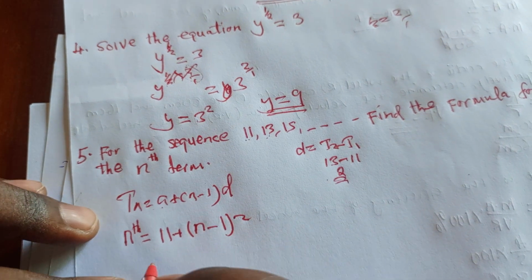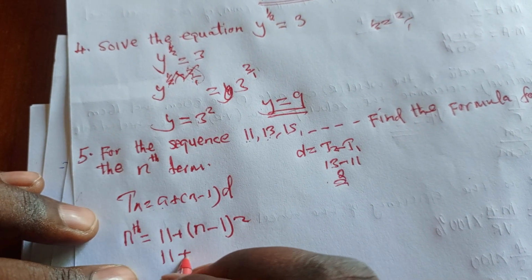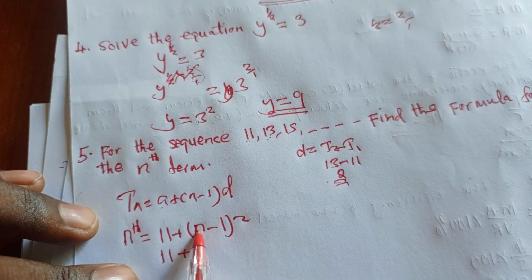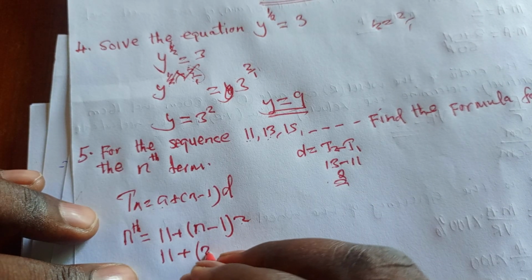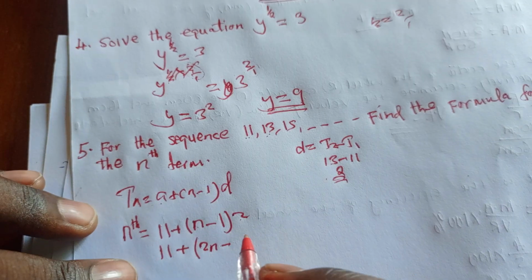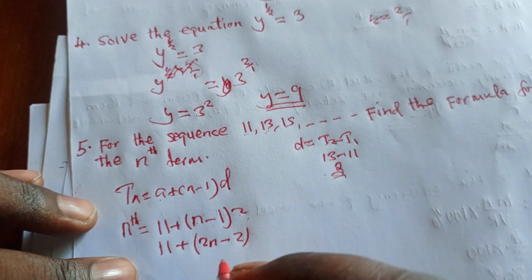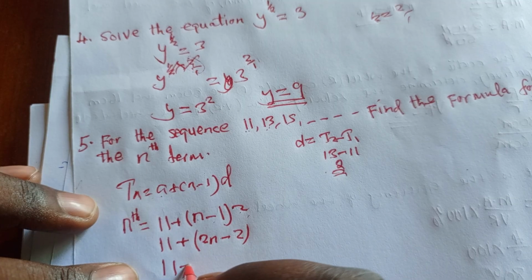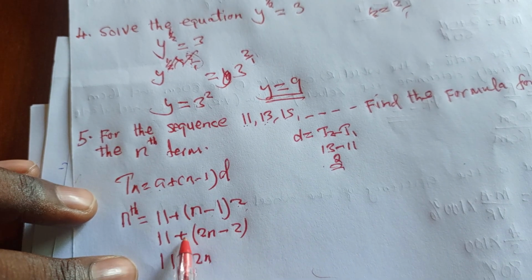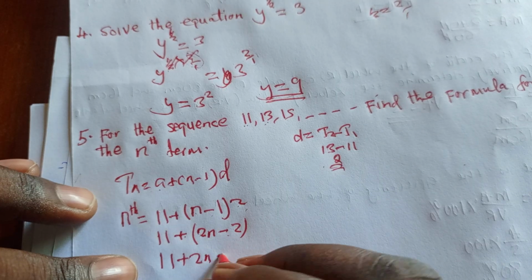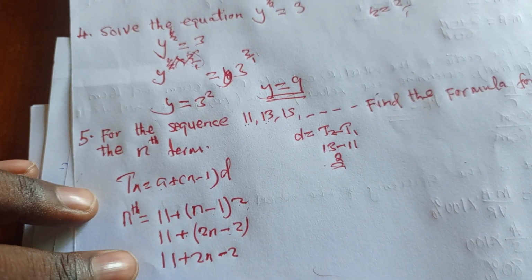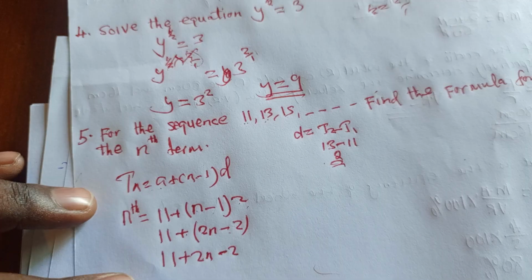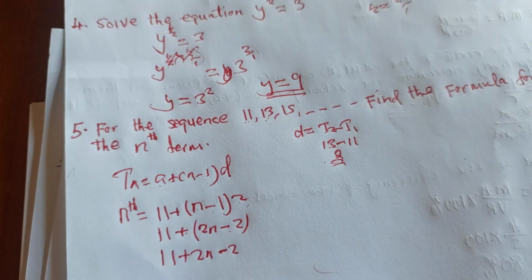Now I simplify. So 11 plus, n times 2 is 2n, minus 2 times 1, which is 2. Positive times positive gives positive 2n, then positive times negative gives negative 2. Then I'll put like terms together.